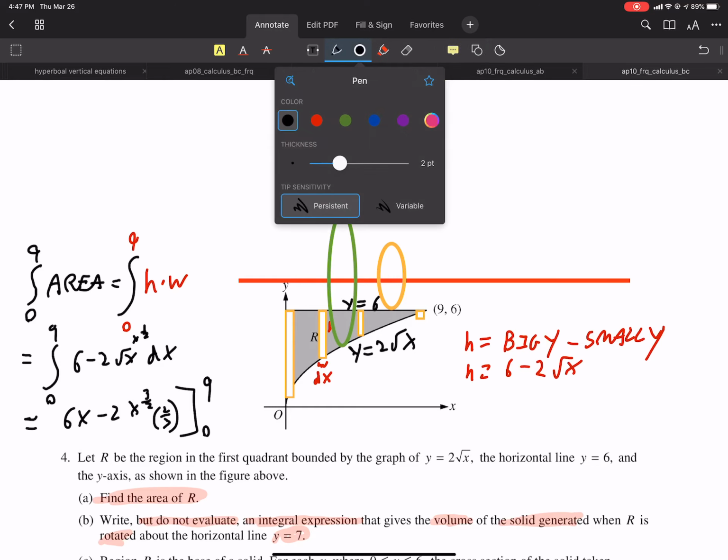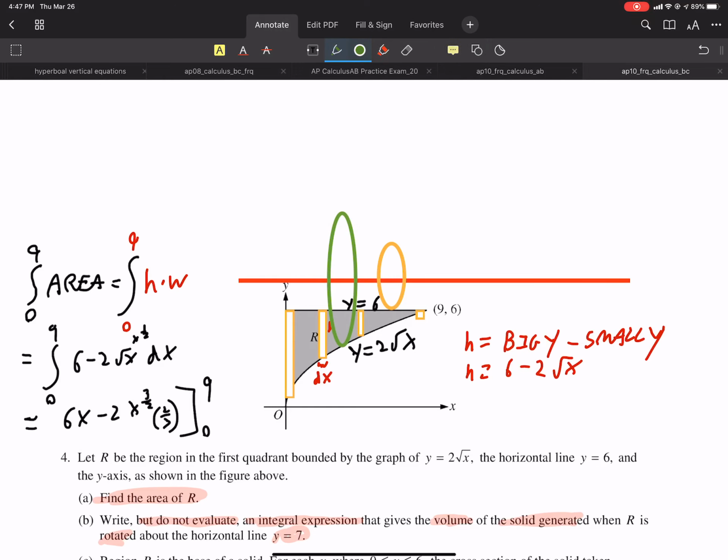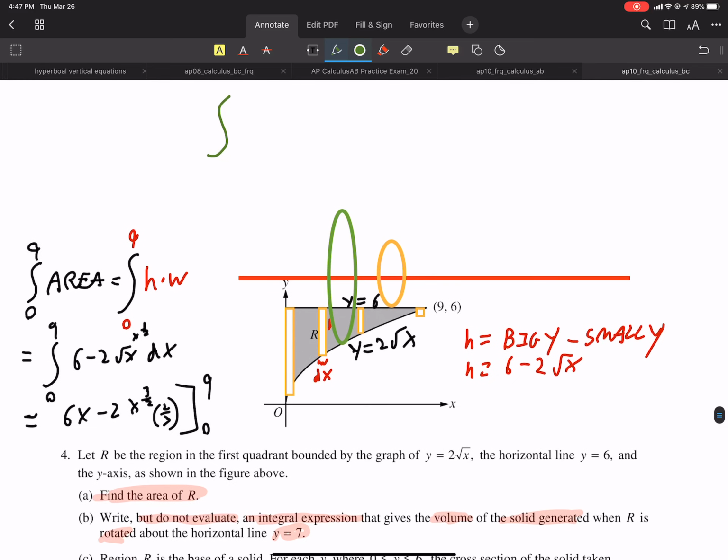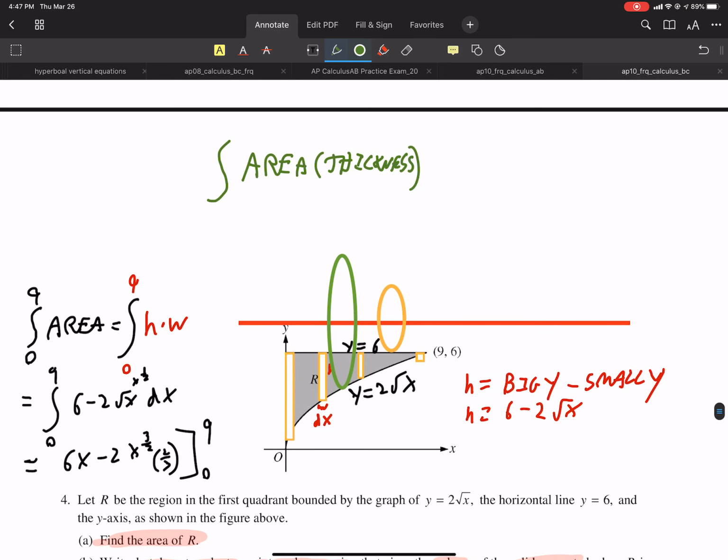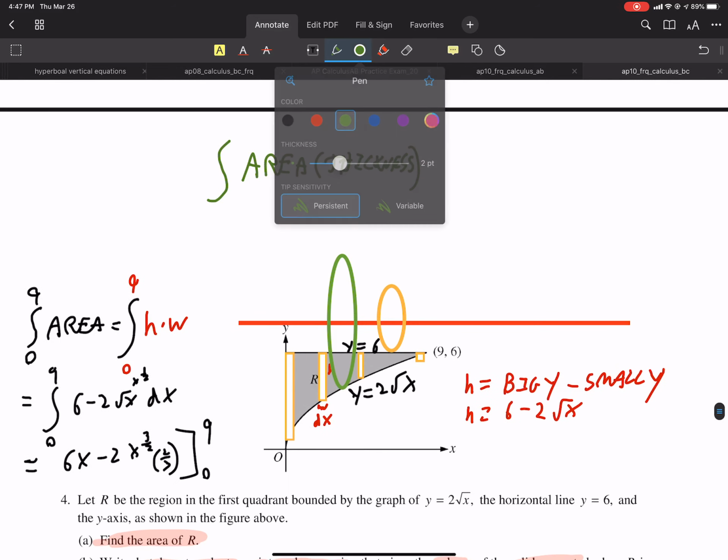To stay consistent, I'm going to make this green. Now, how do you get volumes? Volume is area times thickness. And then we need to subtract.